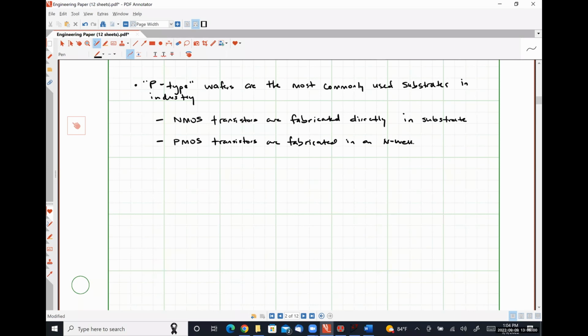In order to flip that region from P-type to N-type, we have to compensation dope it, meaning we have to put more dopants in that region, so more N-type dopants in that region than there were P-type to begin with, in order to flip it over to the opposite type of concentration. This is counter doping or compensation doping, so I'm going to write that down.